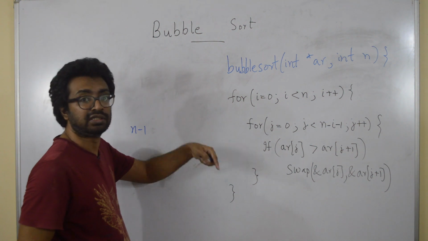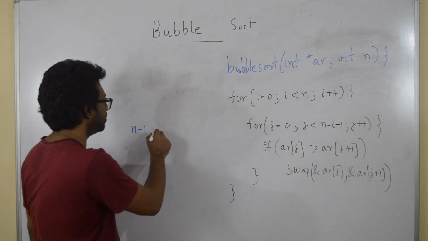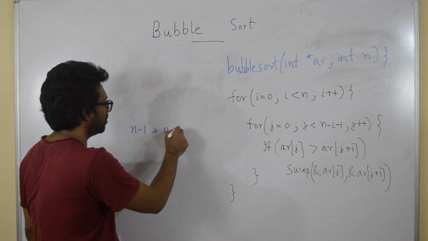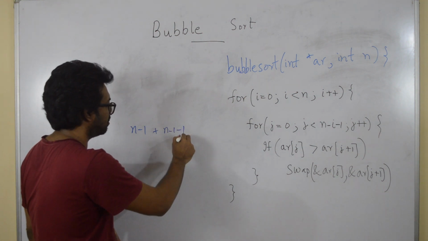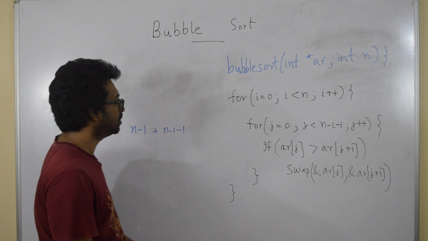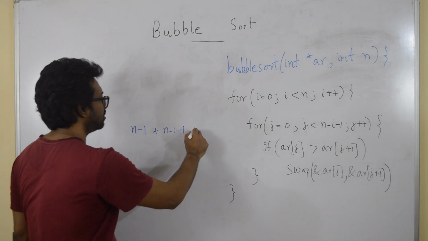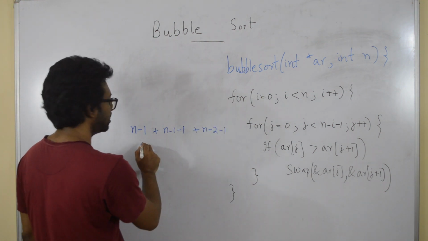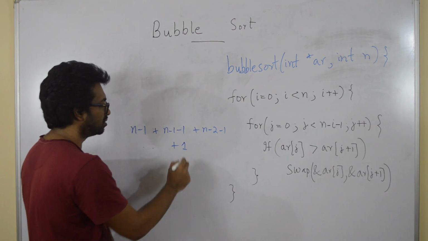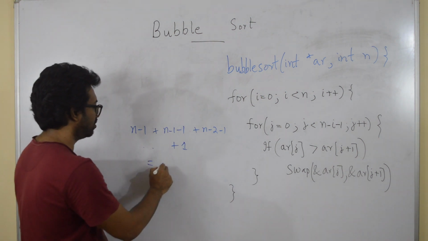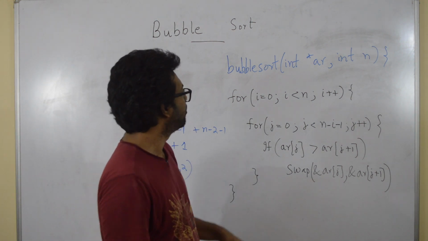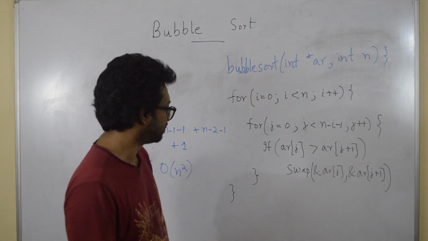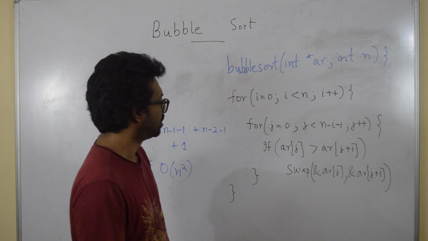The second time this block is executed, it's going to take n minus 1 minus 1, the third time n minus 2 minus 1, and so on until 1. So what is this? This we know is again O of n squared. So the running time of bubble sort is again O of n squared.